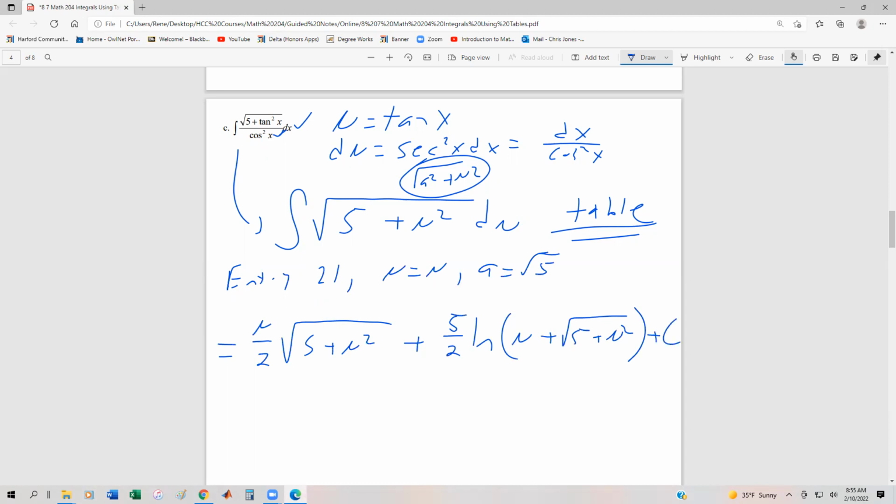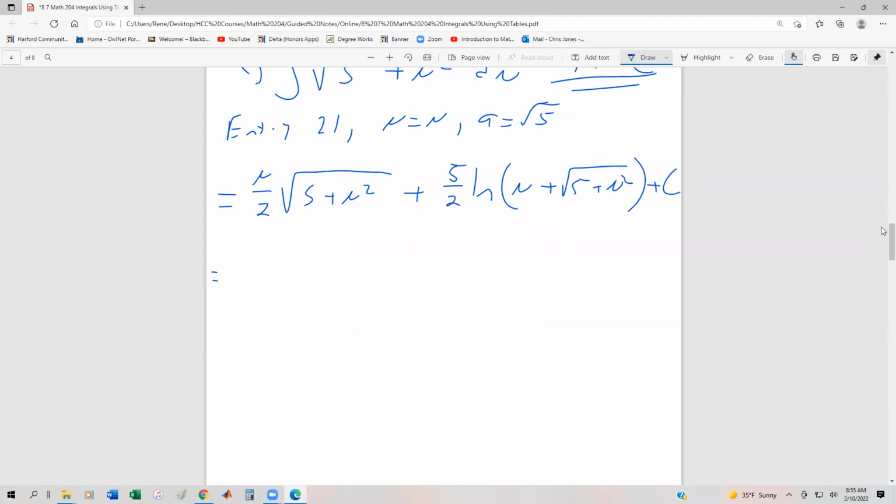All right. Now, of course, we're not going to stay with u. We're going to go back and put it in terms of x because u is the tangent of x. All right, so this is going to be tan x over 2 square root 5 plus tan square x plus 5 halves natural log of tan x plus the square root of 5 plus tan square x plus c.